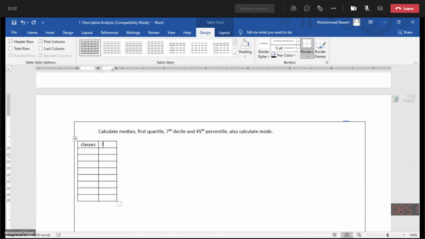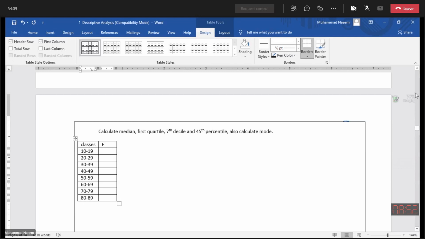Classes and frequency. The classes are 10 to 19, 20 to 29, 30 to 39, 40 to 49, 50 to 59, 60 to 69, 70 to 79, and 80 to 89.